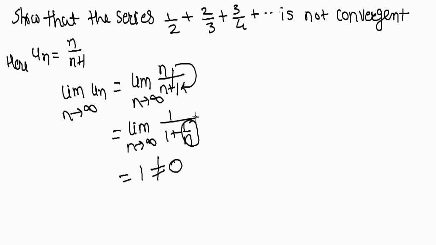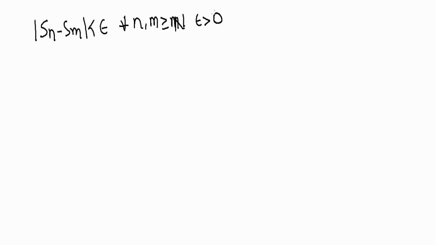Now friends, we are familiar with the Cauchy's criteria of sequences. What is that? The necessary and sufficient condition for the convergence of a sequence is that the modulus of Sn minus Sm is less than epsilon for all n, m greater than or equal to some fixed number N, and for epsilon greater than 0. This is the Cauchy's criteria.